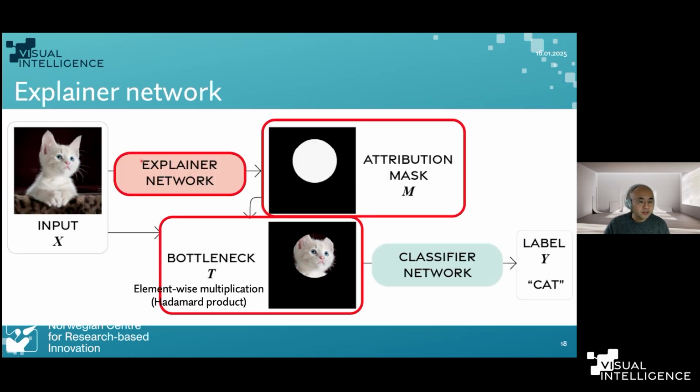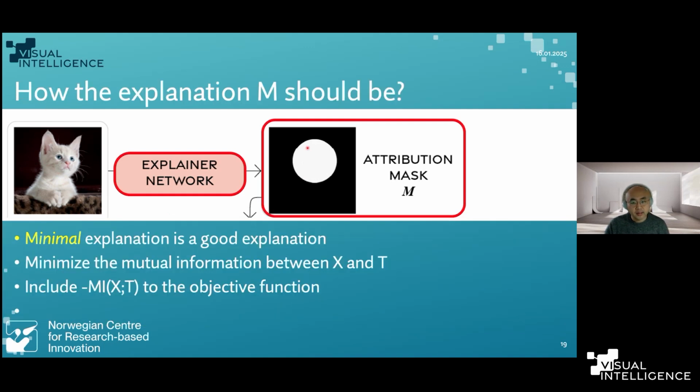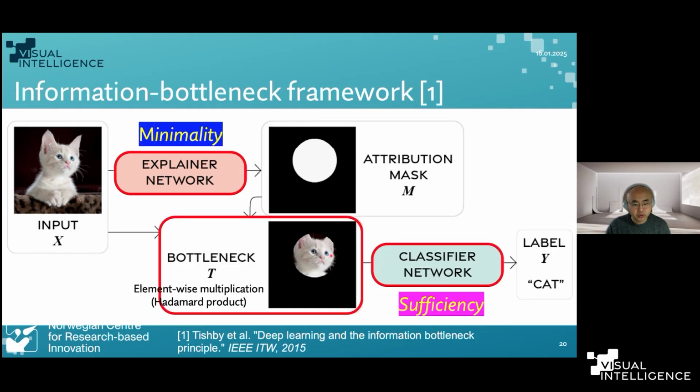On the other end, we have an additional network called the explainer network. It has an input and it simply creates some mask. And based on this mask, we create this bottleneck information. And based on this minimality principle, a minimal explanation is a good explanation for this explainer network. So we don't want to include too much information in the bottleneck, having all regions 1, so very, very white everywhere.